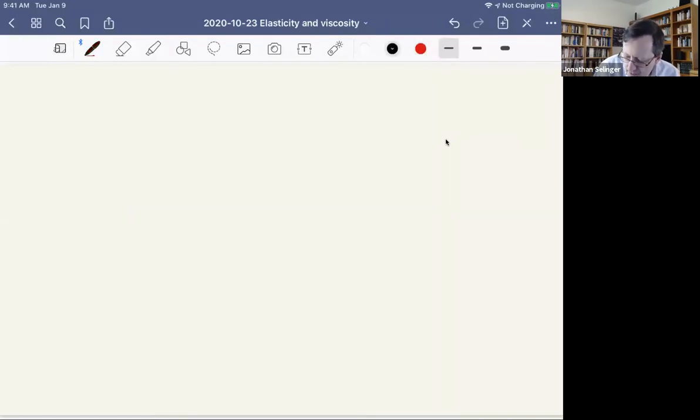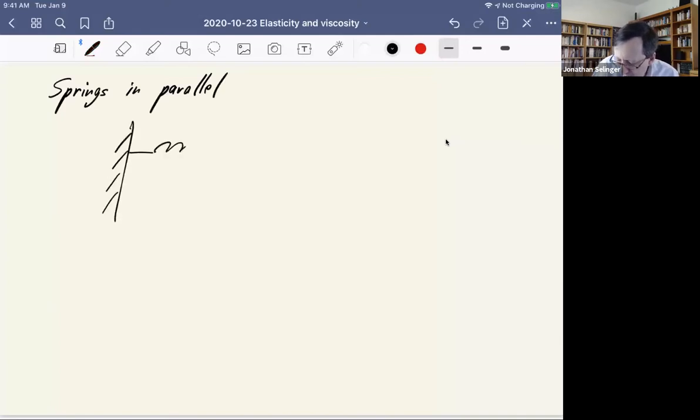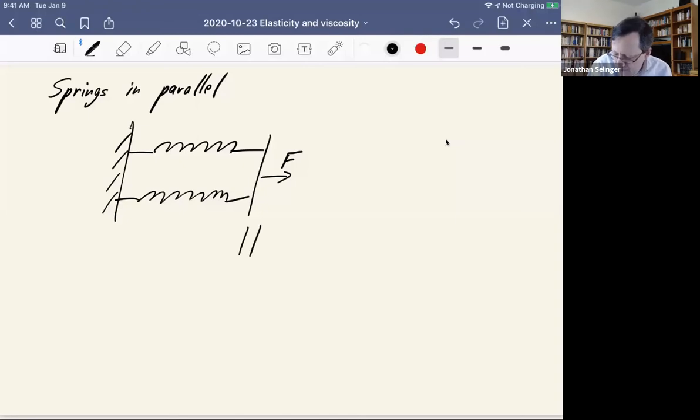Okay, so if we have springs in parallel, here's the wall, and here's one spring, and here's another spring, and you pull on both of them together, okay, with this force F. Then they both extend by some delta x.